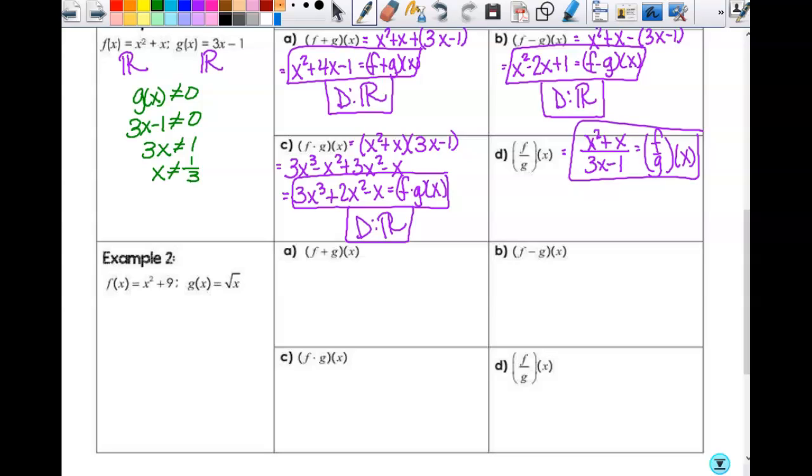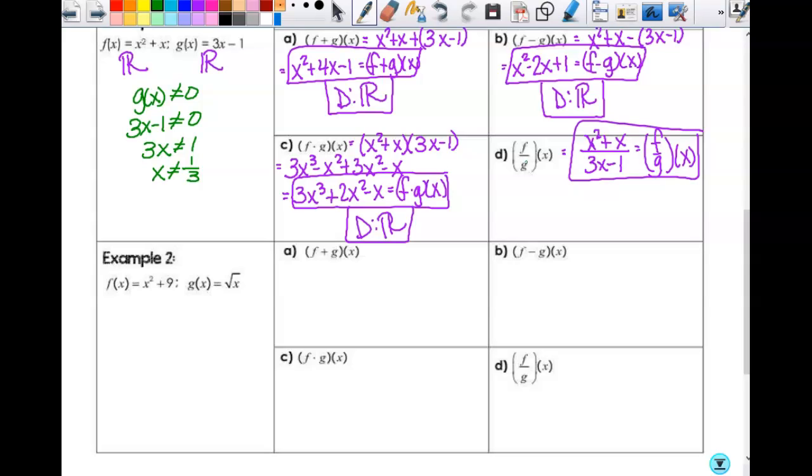You agree with that? Because the denominator can't equal 0. Okay, so you're solving the equation, but instead of having an equal sign or an inequality sign, you just say that it can't equal that. Ask me a question. Because we are dividing by g of x, and you can't divide by 0. Because it doesn't exist.